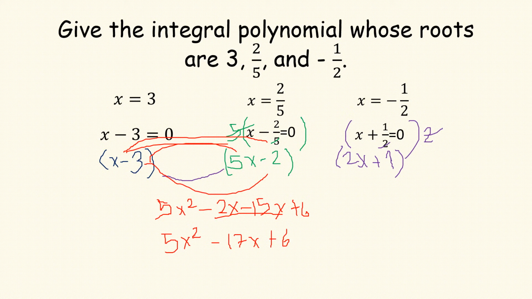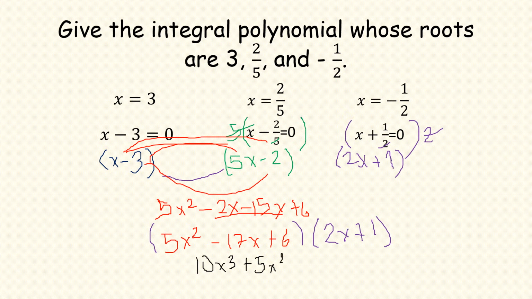Then, after that, ito ay i-multiply naman natin sa ating last na factor, which is 2x plus 1. So, distribute tayo. So, we have 5x squared times 2x magiging 10x cubed. The next, 5x squared times 1 magiging positive 5x squared.